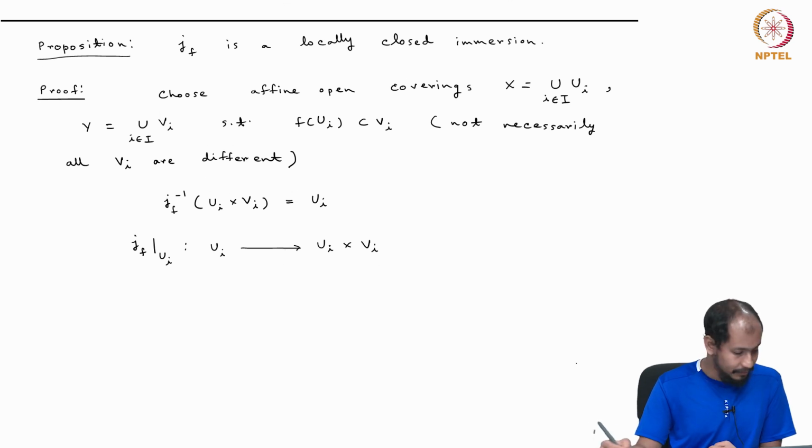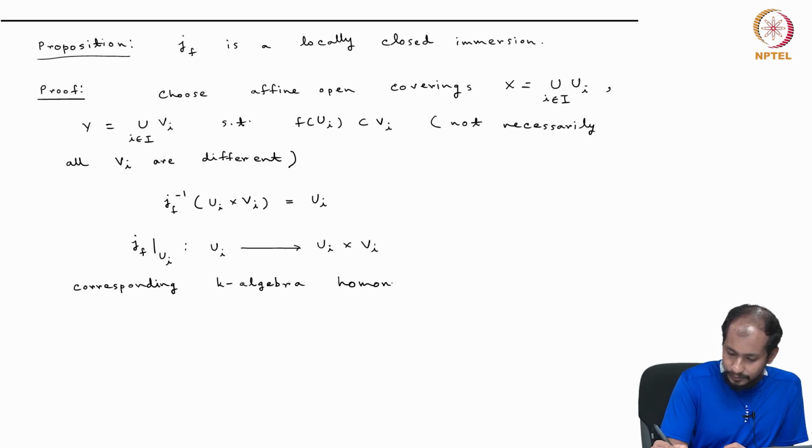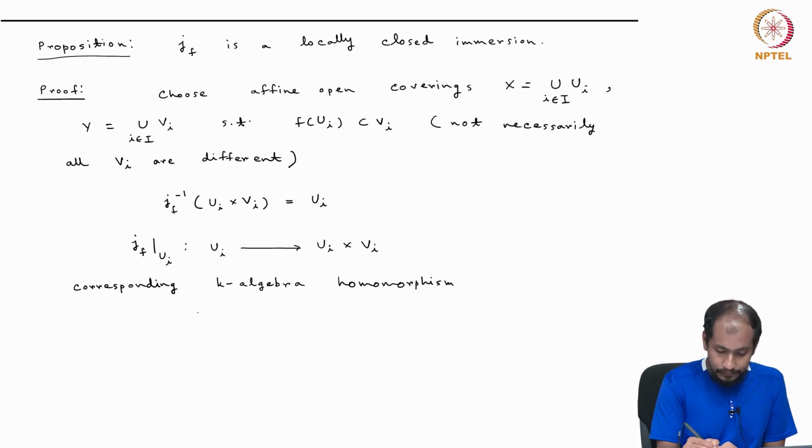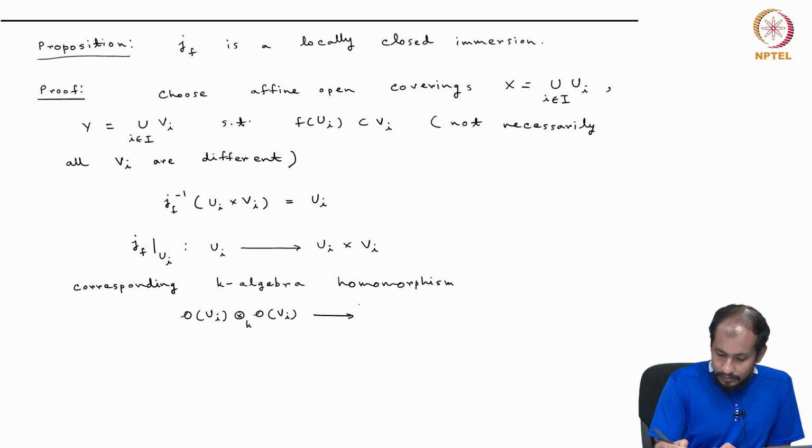So here we are going to do the same thing. This morphism's corresponding K-algebra homomorphism is O(U_i) tensor O(V_i), tensor over K, to O(U_i).